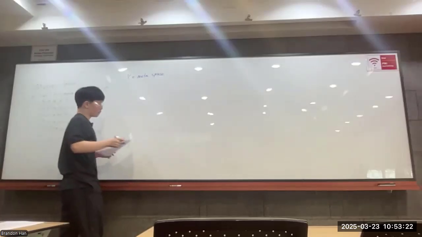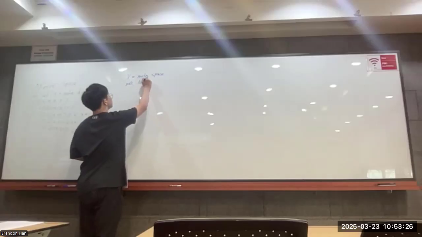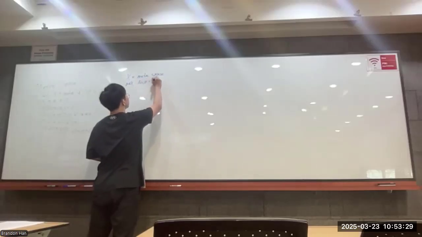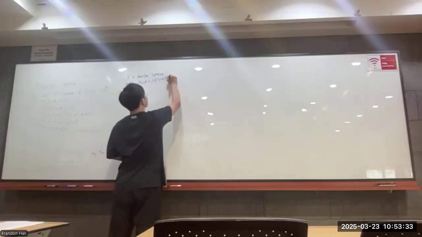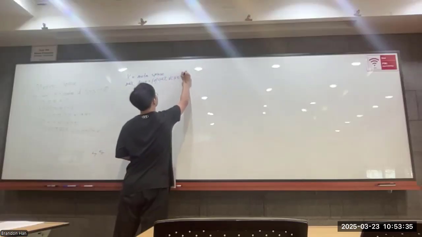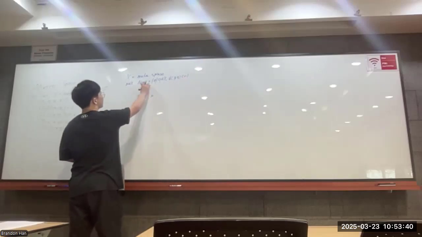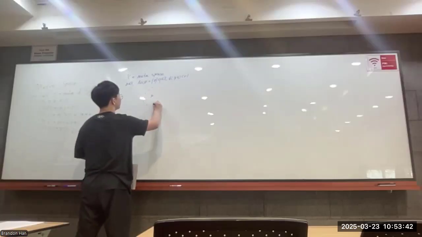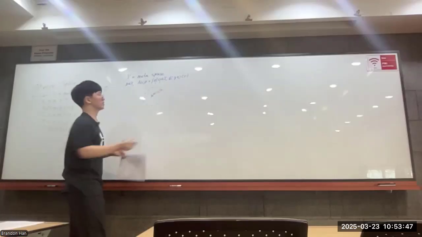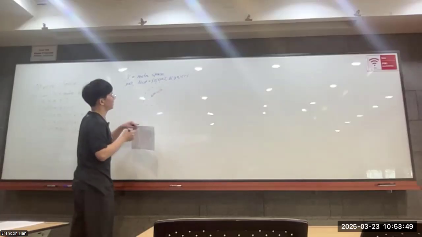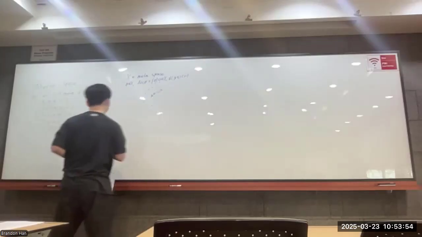Then for any P in X, we call N_r(P) the set of all points in X that are less than a distance r from point P. So if you have a point P, N_r(P) would be this circle of points that are less than a distance r. So this point would be in N_r(P), this point would not be, and we call this a neighborhood of P. That's where the N comes from.